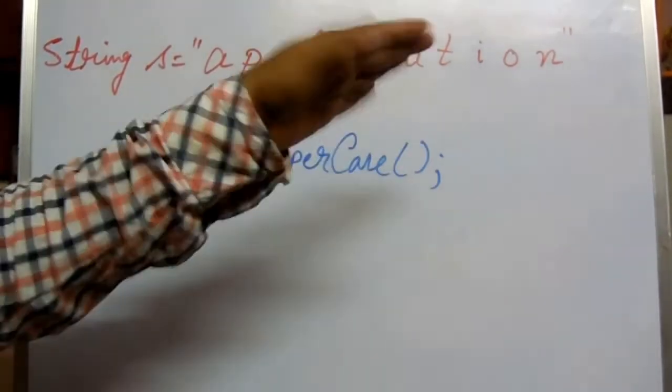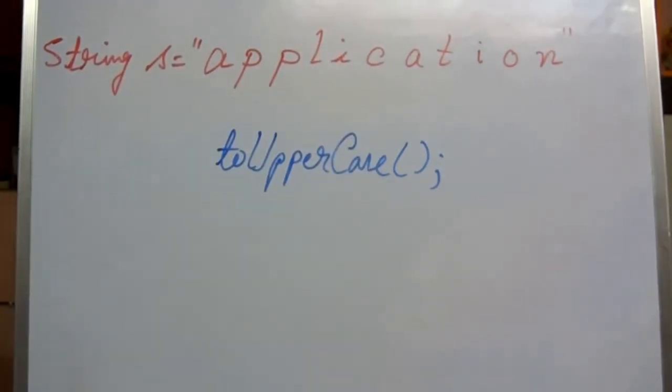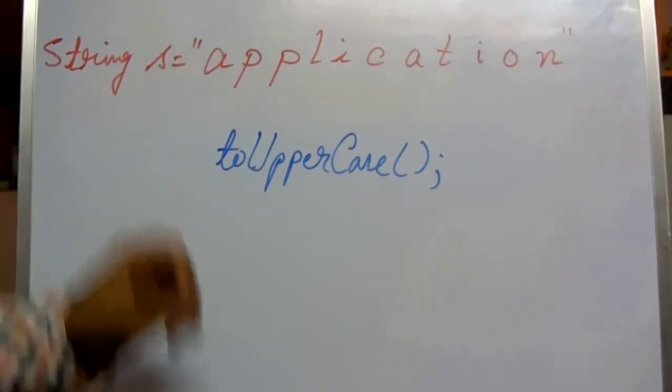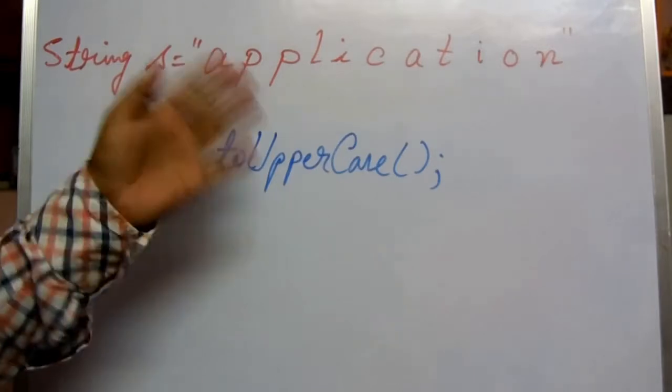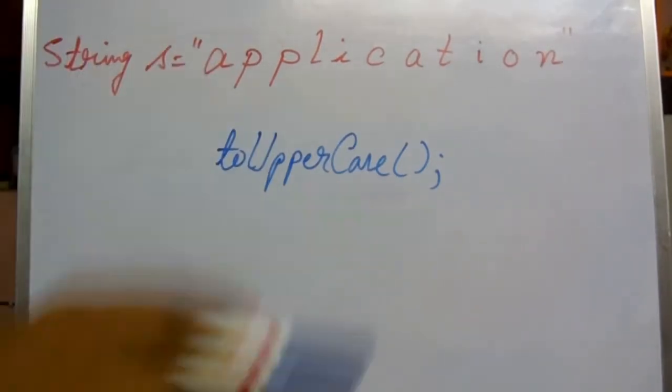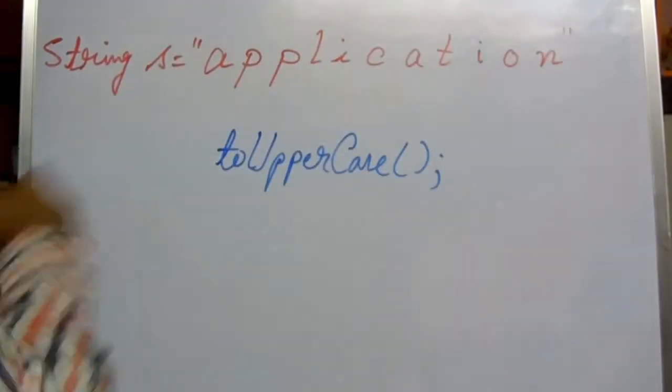If a character is already a capital letter, it will not be converted, so it will remain as it is. But those characters in small letters will be converted into capital letters. But don't think that only the converted characters will be returned. The complete string will be returned as given, but with the full composition in uppercase.